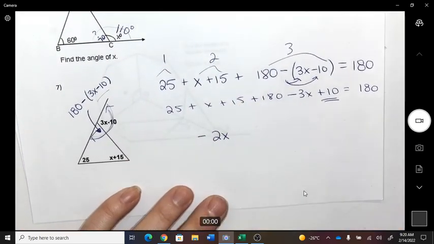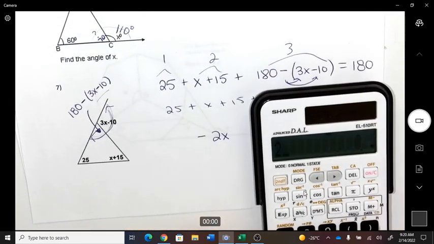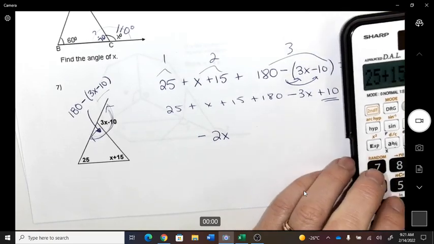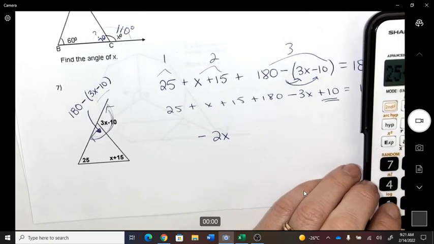Okay, I'm going to take all these numbers together. So we got a 25 plus a 15 plus 180 plus 10.